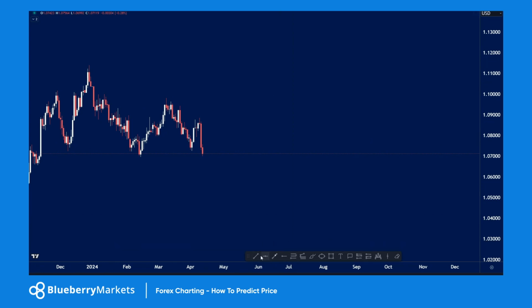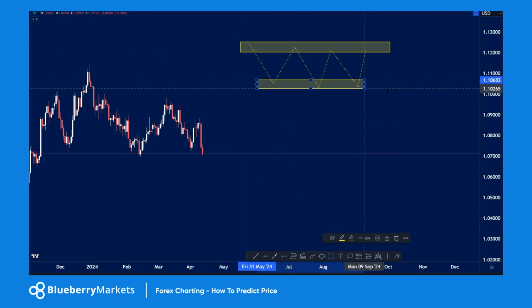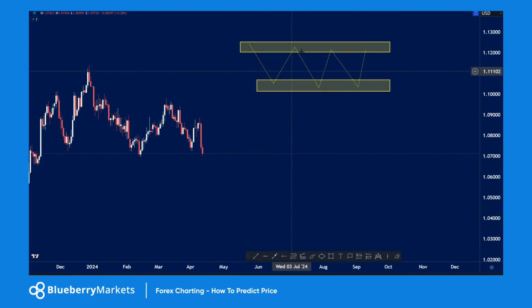So really speaking, there are 3 different types of ways that the market will trade. You will either have a trading range, where the market is moving between 2 points of resistance and support, and the market finds a balance between those points.